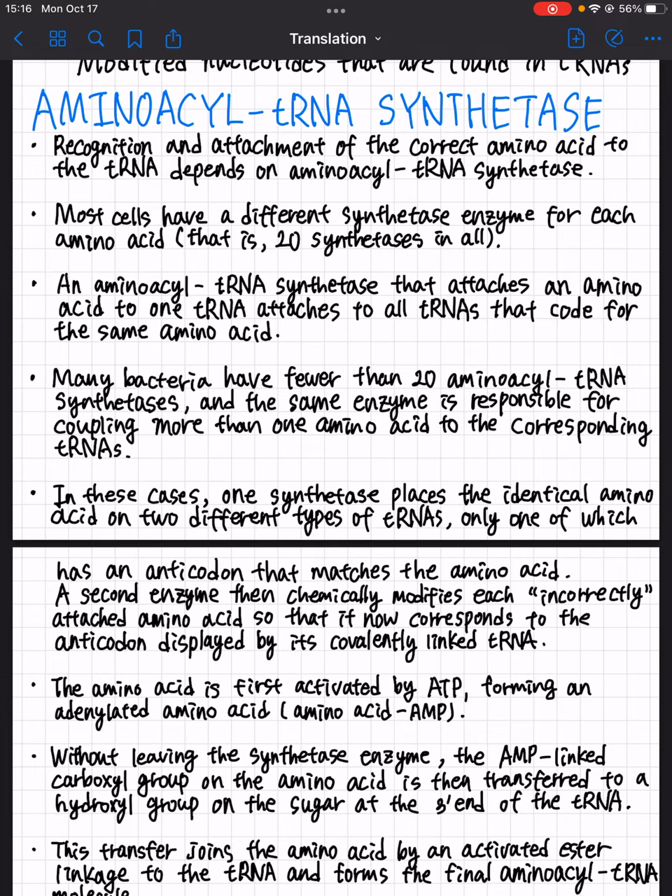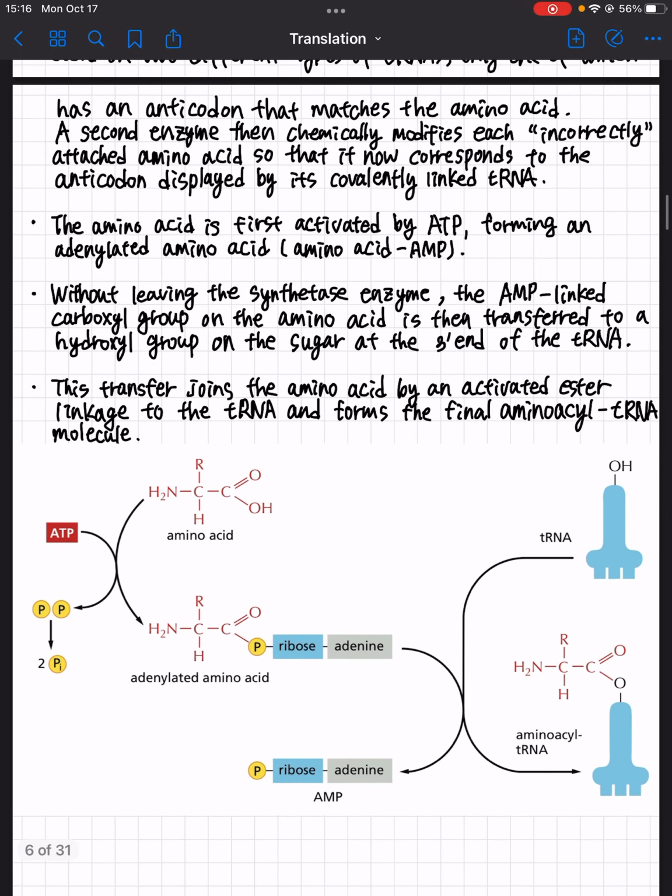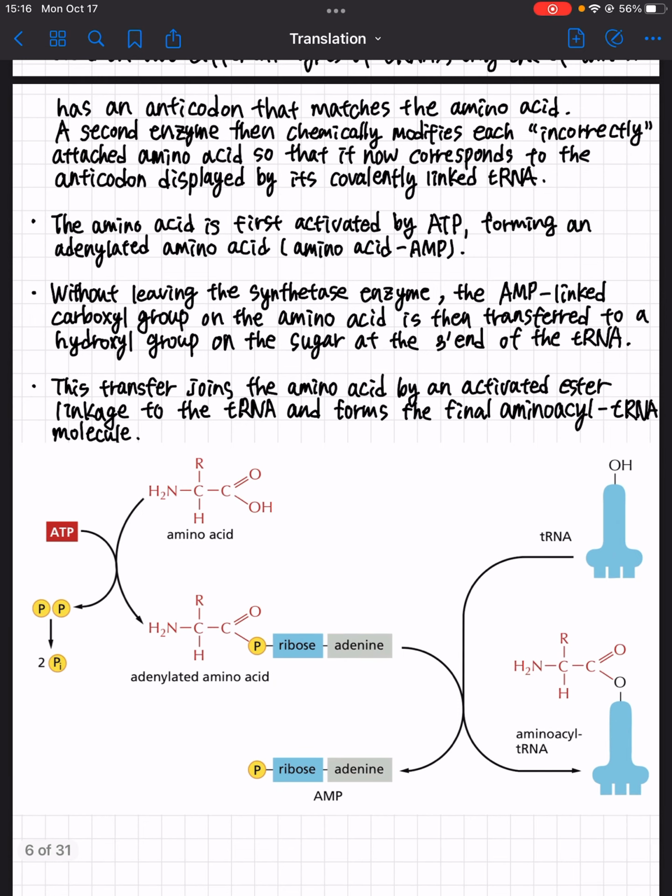So, an amino acid is activated for protein synthesis by an aminoacyl-tRNA synthetase enzyme in two steps. The energy of ATP hydrolysis is used to attach each amino acid to its tRNA molecule in a high-energy linkage. The amino acid is first activated through the linkage of its carboxyl group directly to AMP, forming the adenylated amino acid.